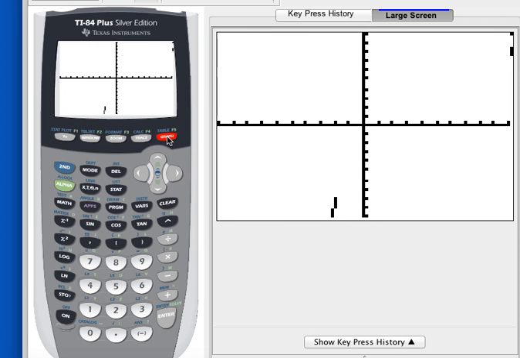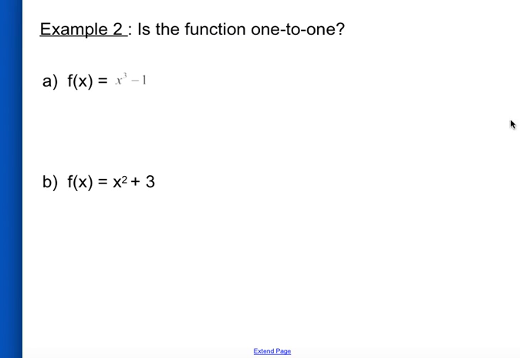And again, you're going to use the horizontal line test. Is that a one-to-one function? Well, yeah, as I take a horizontal line and go through that graph, it is only going to pass in one given point at any time. So definitely a one-to-one function. So for that first one, we can go ahead and say that yes, it's one-to-one.